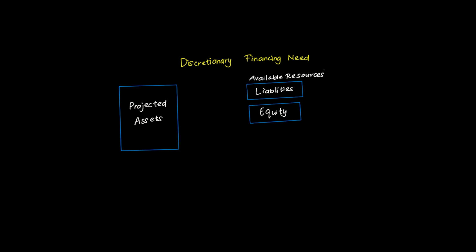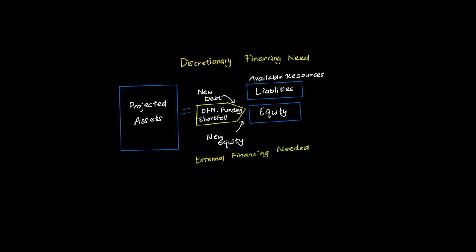When they subtract available resources from projected asset needs, they discover a gap. The projected assets exceed what's available. This gap has a specific name: discretionary financing need. The word discretionary is key because management has discretion or choice about how to fill this gap. They could raise new debt, issue new equity, or use some combination.